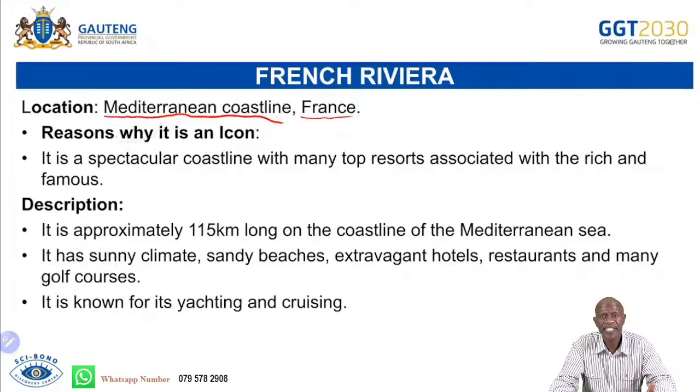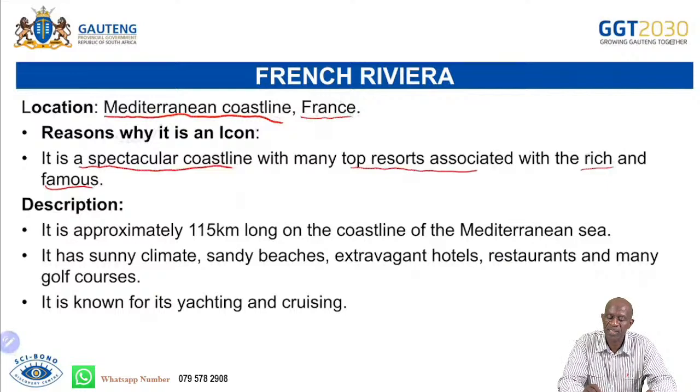The reason why it is an icon, it is a spectacular coastline with many top resorts associated with the rich and the famous. So it is a place known for rich and famous people, and it looks most spectacular or fantastic with many top resorts where the rich and the famous people normally visit.